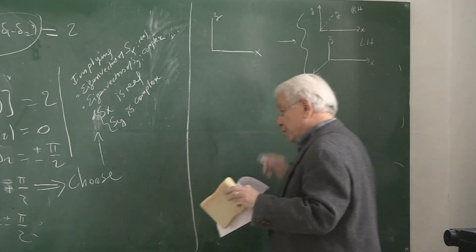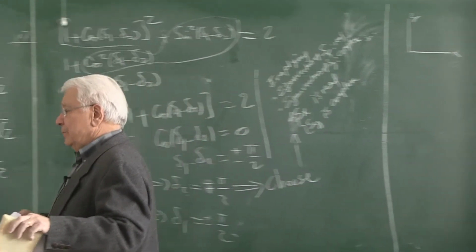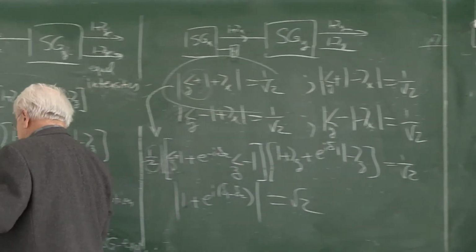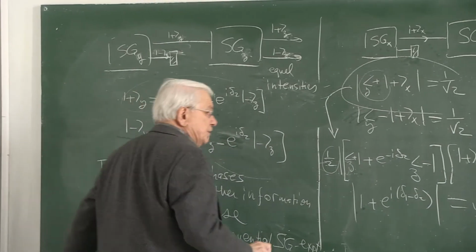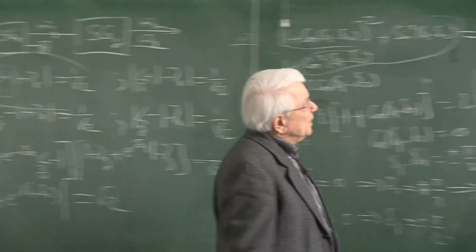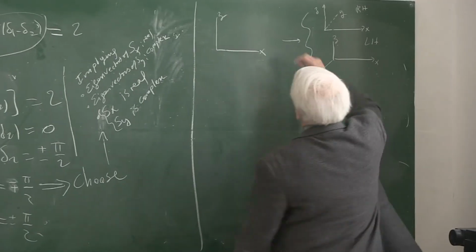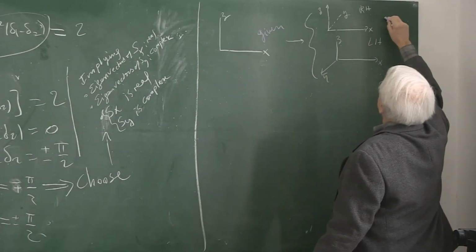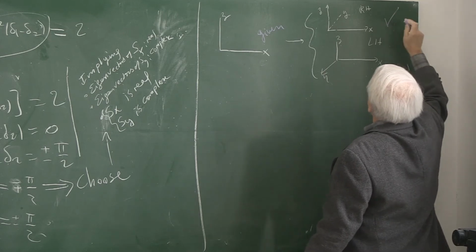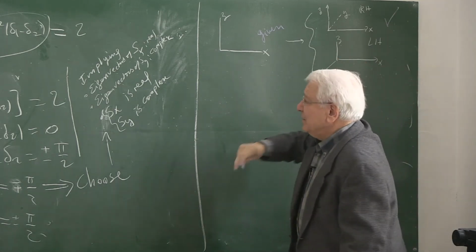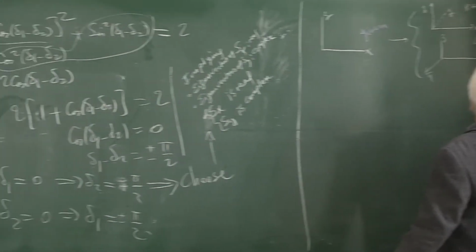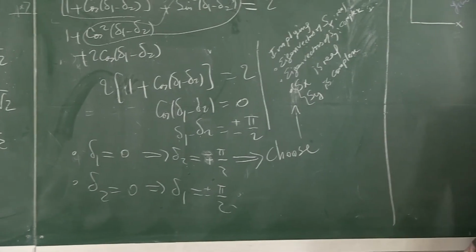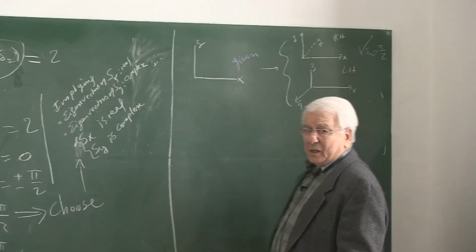If we choose the right-handed frame, as I said, this is left to a future discussion, which we will complete eventually. If this is given, and we decide on the one, this will be chosen, and this will give us the delta 2 plus pi over 2, not the minus pi over 2.